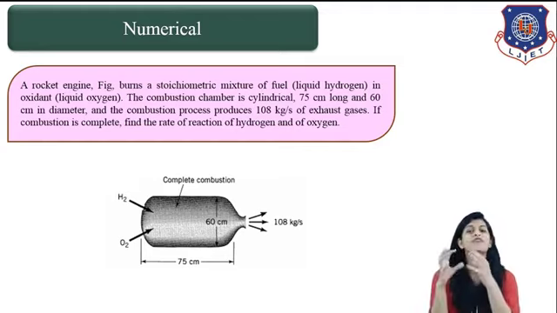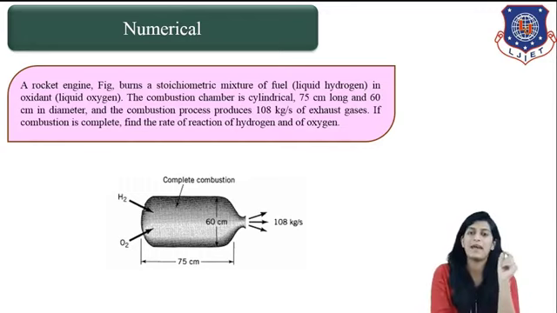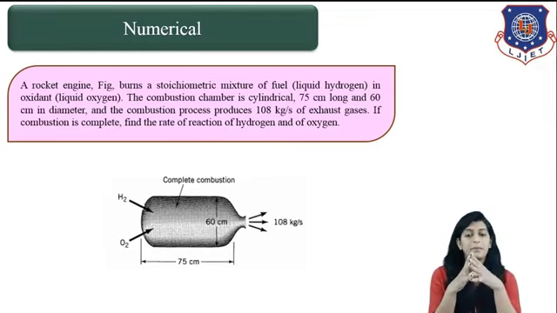If reactants are getting consumed, then the sign will be minus. So minus RH2 refers to the rate of disappearance of hydrogen or rate of reaction of hydrogen. Minus RO2 refers to the rate of disappearance of oxygen or rate of reaction of oxygen. So we need to determine that.